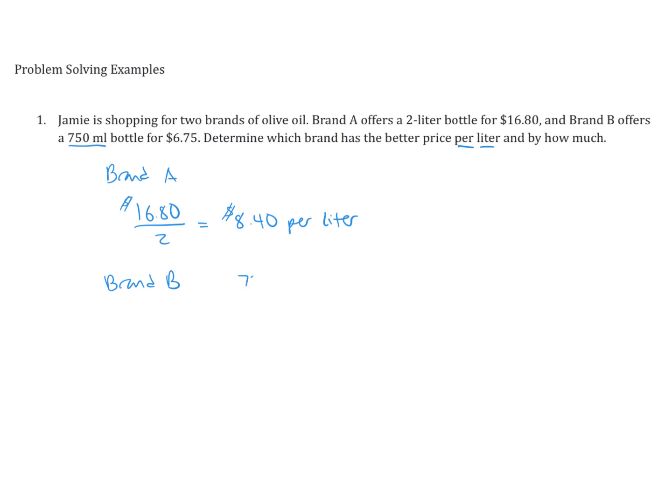So to convert 750 milliliters to liters, we are going to divide it by 1,000, which gives us 0.75 liters. And now I'm going to do the same thing I did for brand A. I'm going to take my price, $6.75, and divide by the number of liters, 0.75 liters, to get the price per liter. And we get $9 per liter.